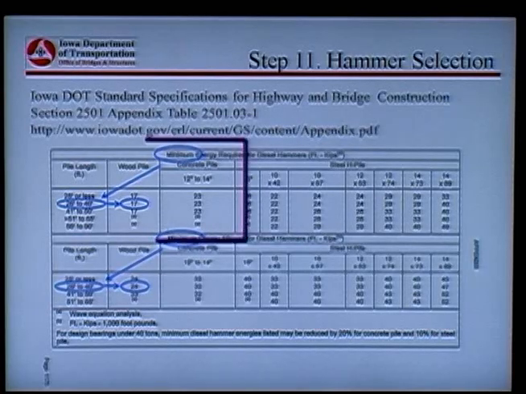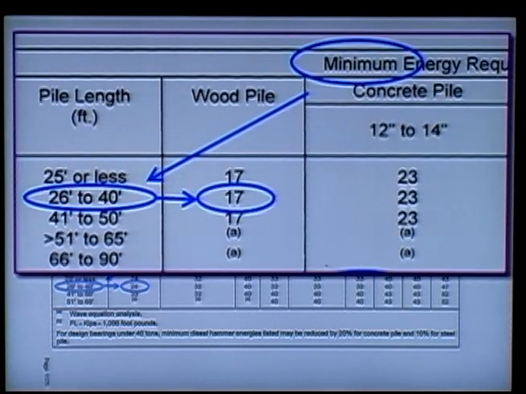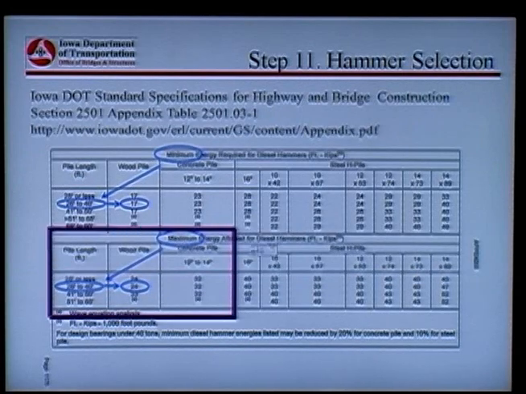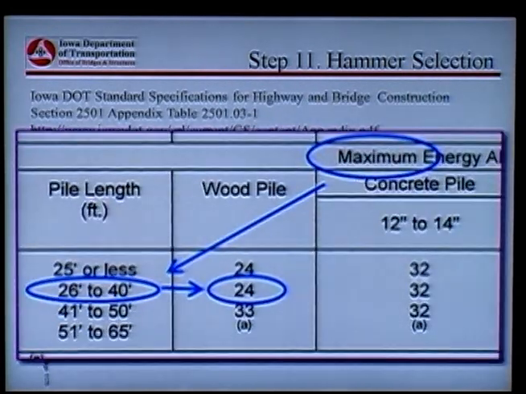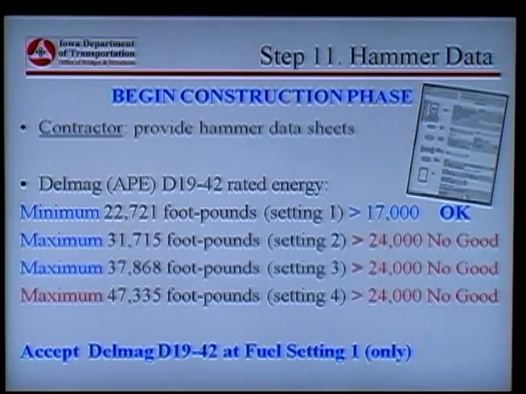So the minimum energy required is 17 kip-feet, and the maximum energy required is 24 kip-feet. If the contractor provides you the hammer information, you have to check that the hammer is appropriate for the construction of the timber pile.